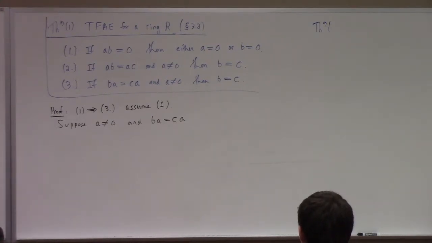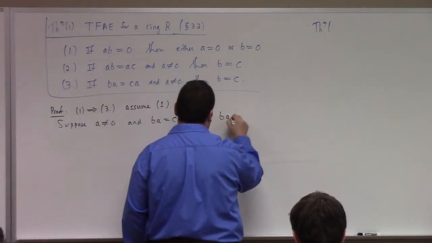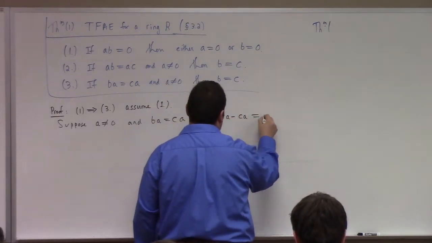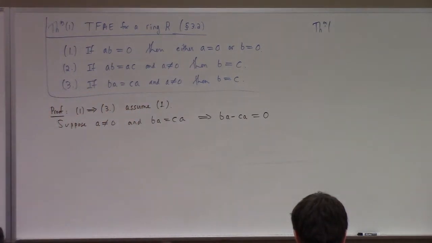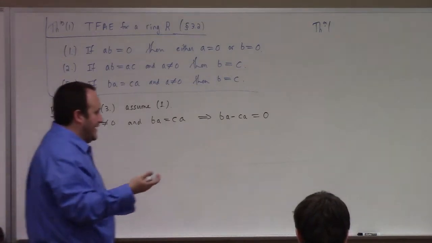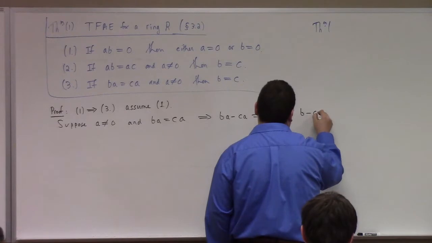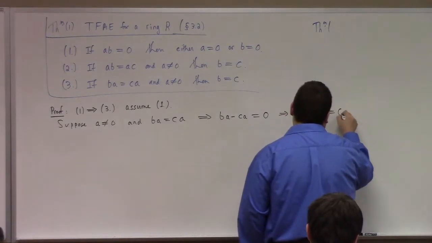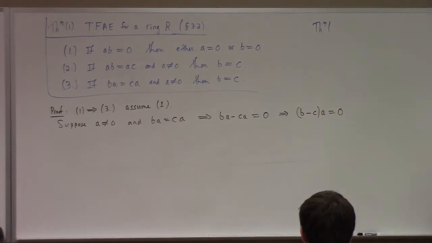So then what? That gives us that BA minus CA is 0. And then we can factor A out. What do we have after we factored A out? What does that say? Therefore, by 1, what?